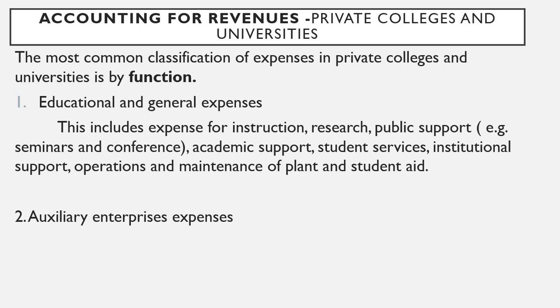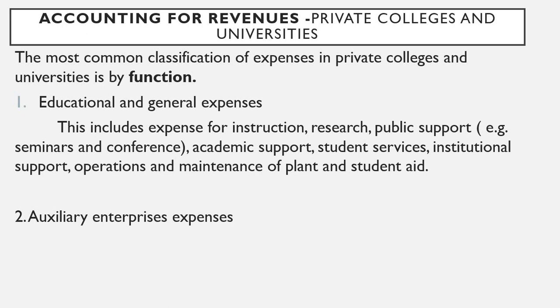The expenses that belong to the educational and general expenses function are those related to instruction, research, and public support. An example is seminars and conferences, academic support, student services. Academic support covers libraries or museums. And operations and maintenance of plant and student aid.